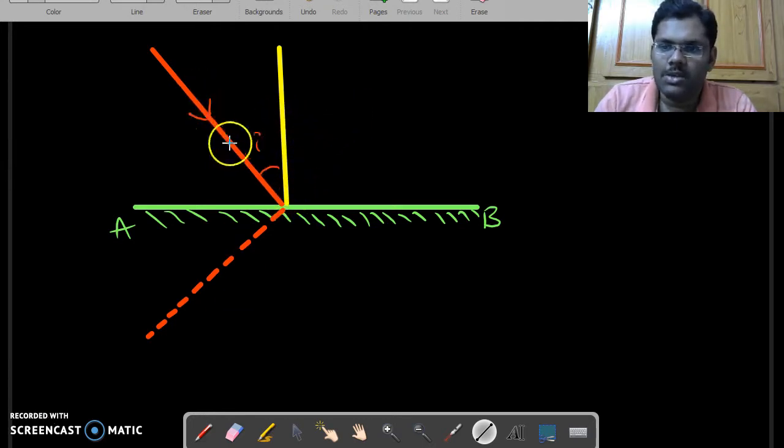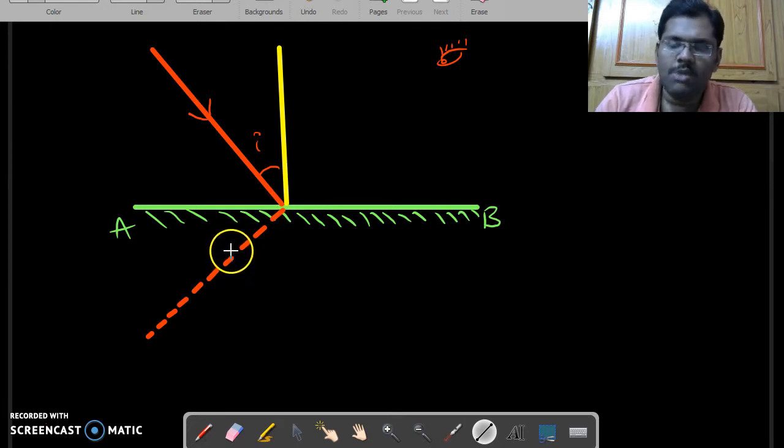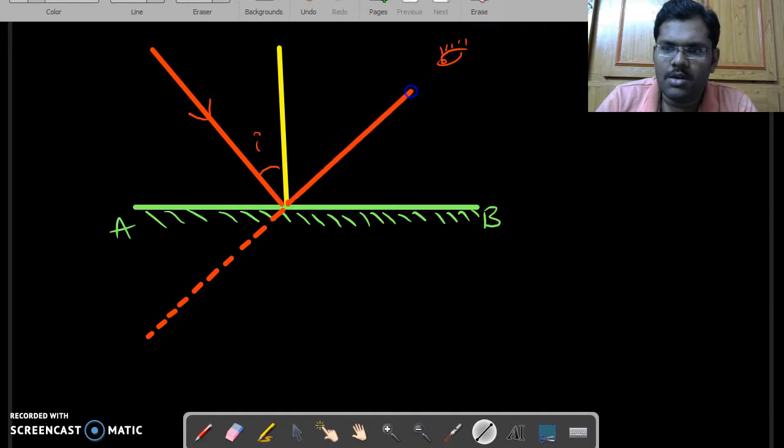This is the incident ray, the image is formed on this side, and by viewing from this side, we have to draw a ray which should be straight to this ray. The image formed inside the mirror should be drawn as a straight line to the point of incidence.